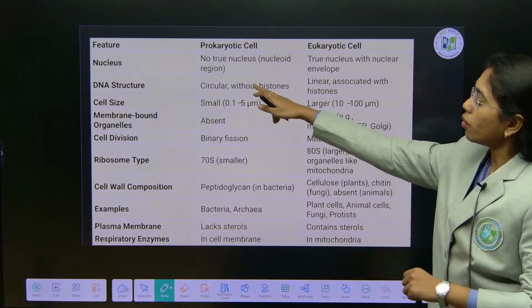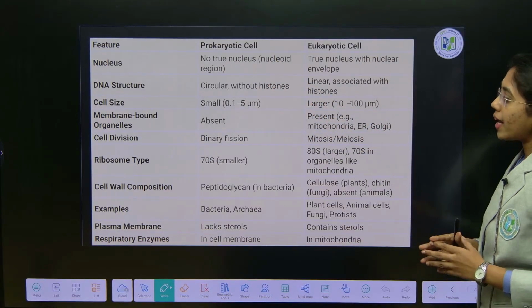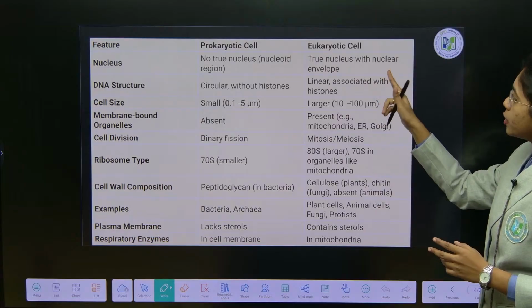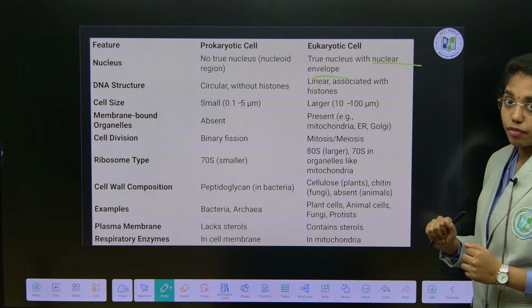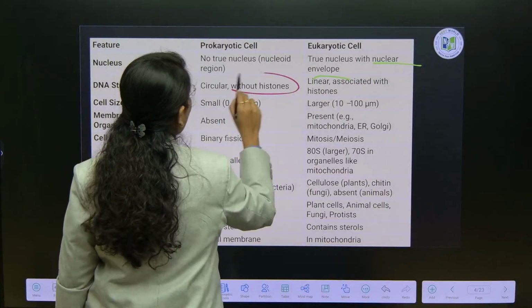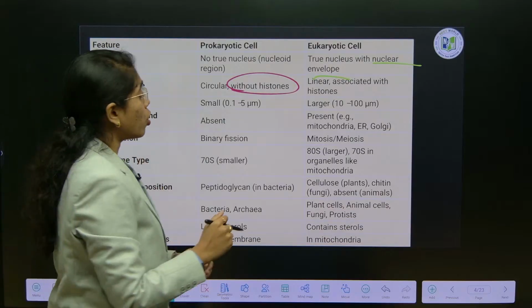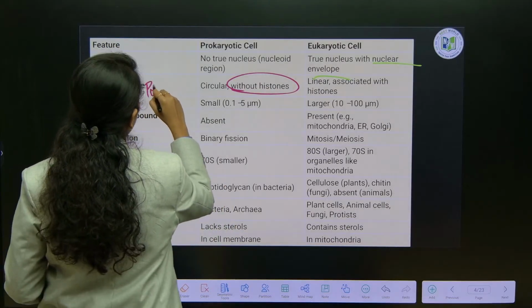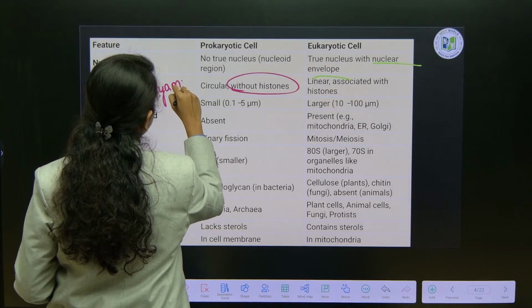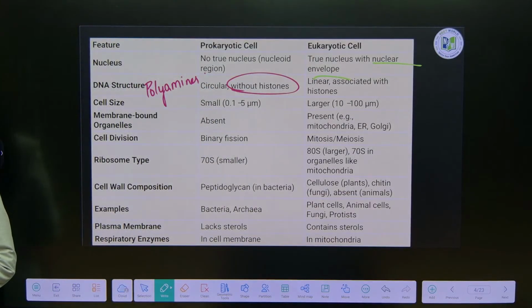If you see the nucleus, there is no true nucleus in a prokaryotic cell. In a eukaryotic cell, true nucleus is present with the nuclear envelope, and DNA structure is circular in prokaryotes. It does not have any histone proteins in a prokaryotic cell. Apart from histone proteins, it consists of polyamines.